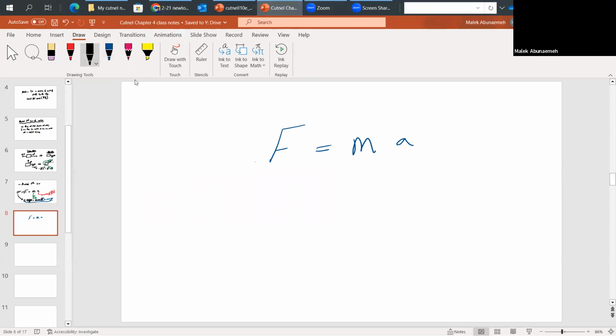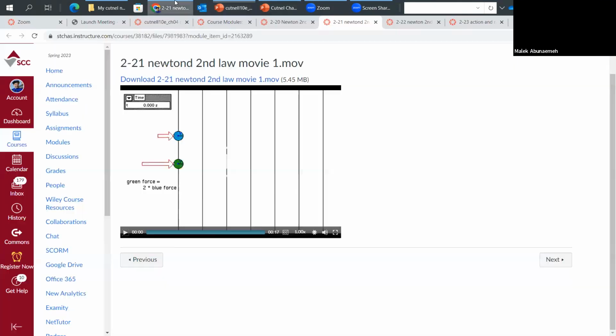So basically, when you have a higher force, you will have a higher acceleration.